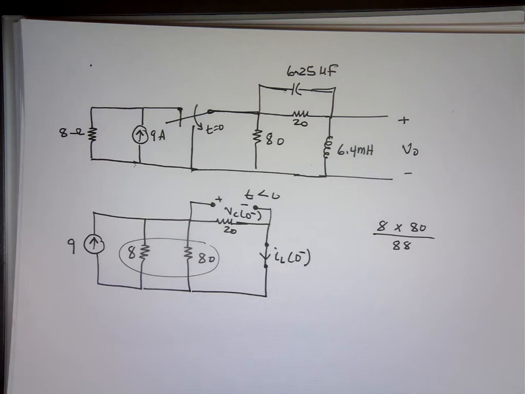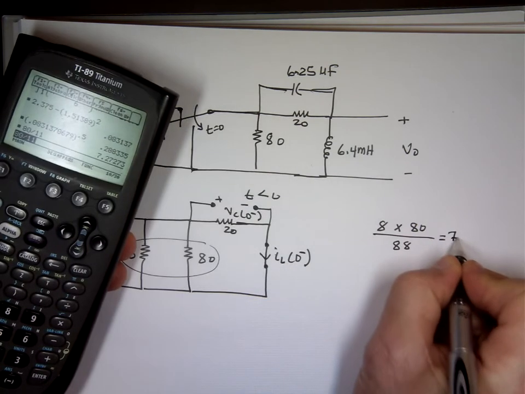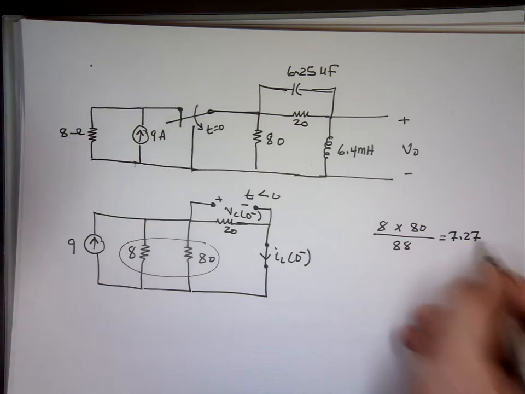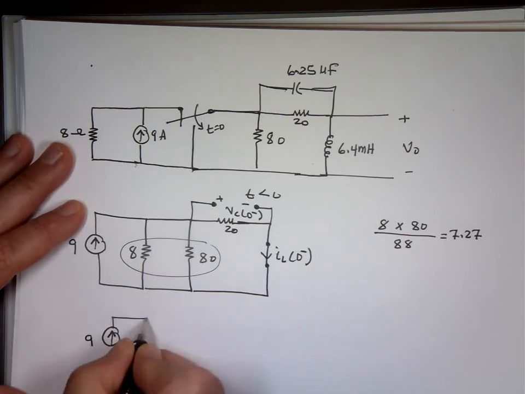I'll use decimal. 80 divided by 11 is 7.27. So my circuit now will look like this. I should have done source transformation, but that's okay.